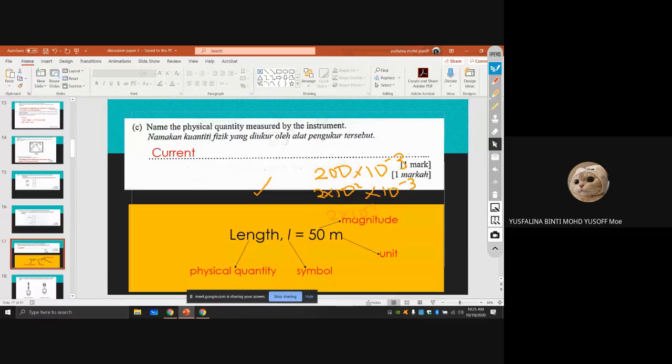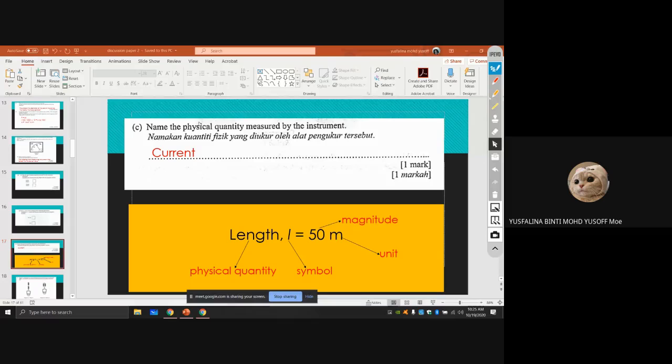Okay, let's go to the next slide. Name the physical quantity measured by the instrument. The answer should be current. I noticed some of you have a problem differentiating the physical quantity, the magnitude, and the unit.